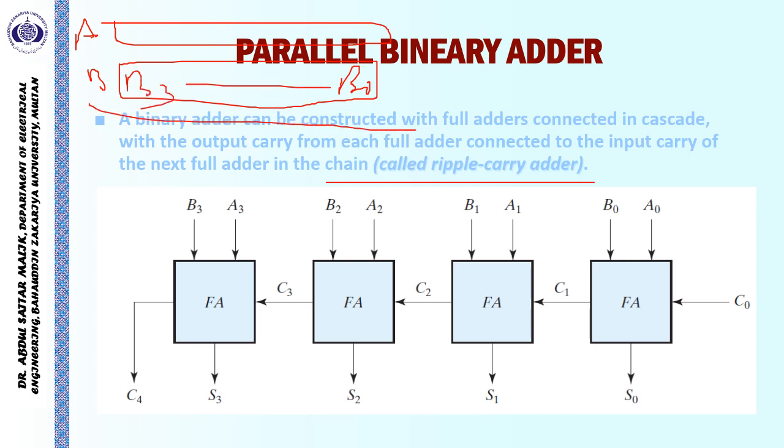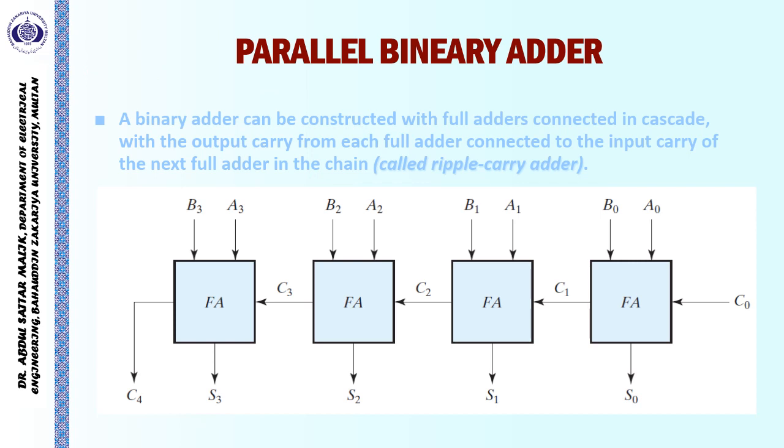If we want to add these two numbers, we will be adding A0 and B0, and the sum will be S0, and there will be a carry. We will name it C1, and then C1 plus A1 and B1 will give sum S1, and so on.